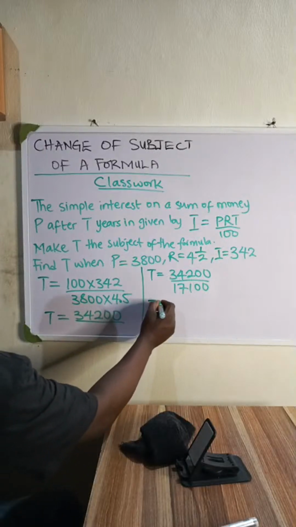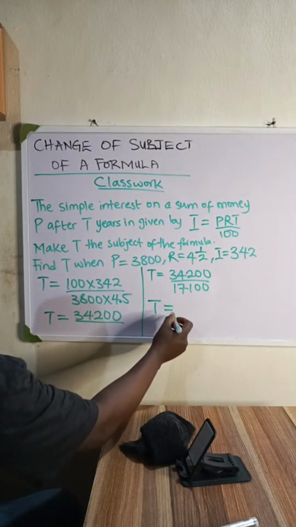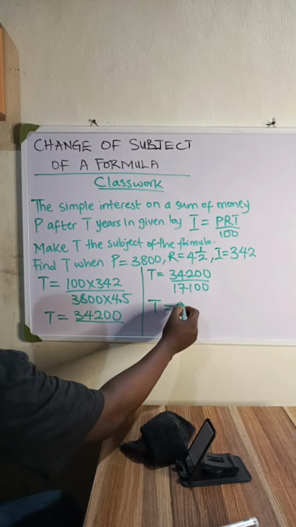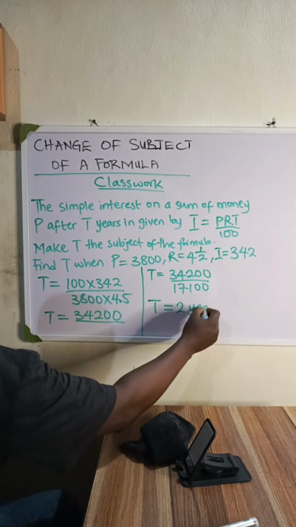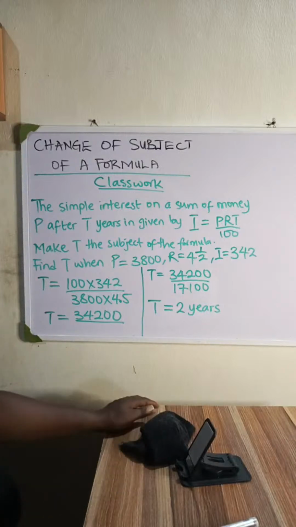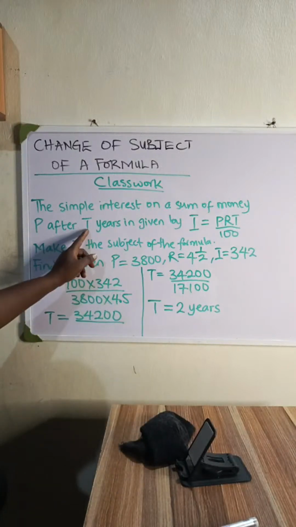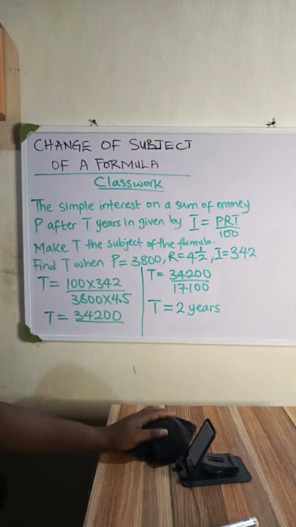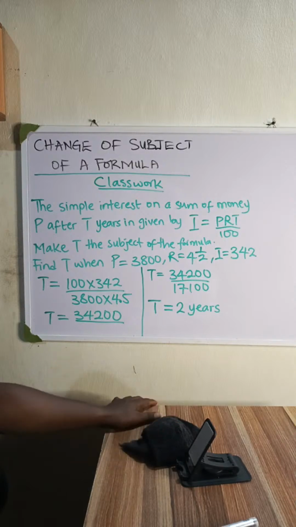So our T is equal to 2, or 2 years. That becomes the answer because our T is in years. So we have 2 years. That becomes our answer. Very simple.